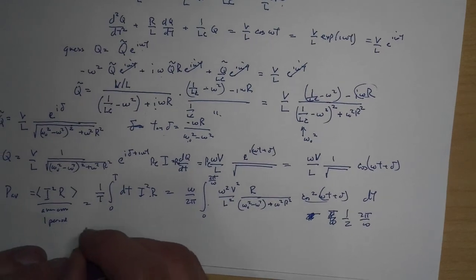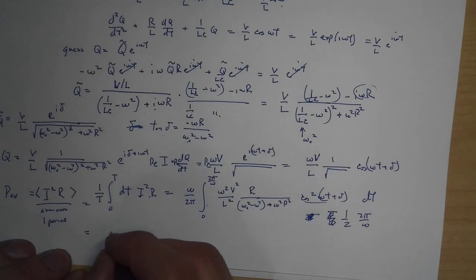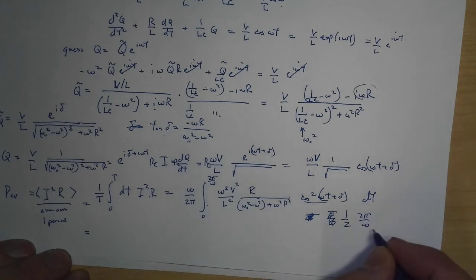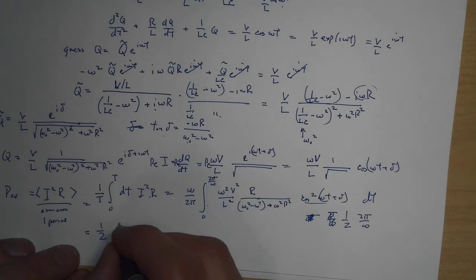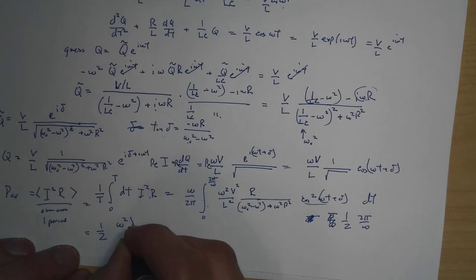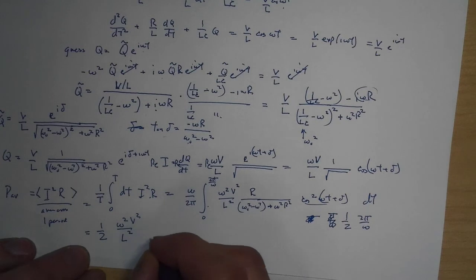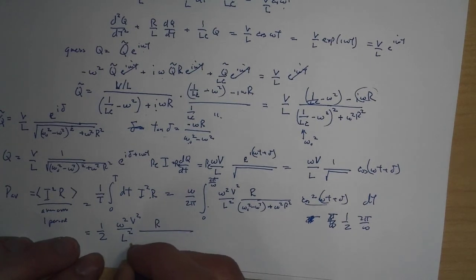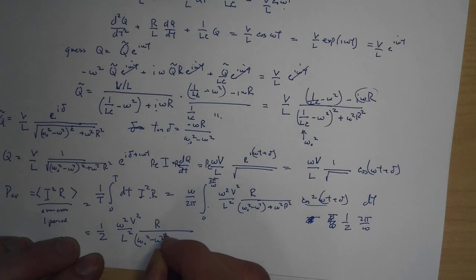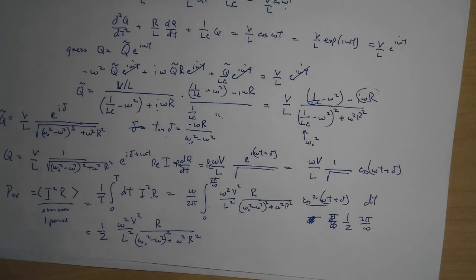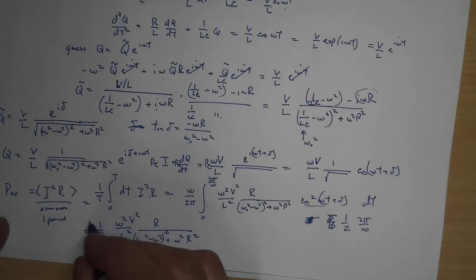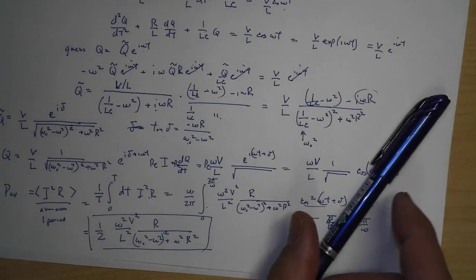So let's write this down. Pi over omega, we'll kill this one, 1/2, of omega squared V squared over L squared r, divided by omega naught squared minus omega squared, squared, plus omega squared r squared. Okay, and that's it. Hope that was helpful.